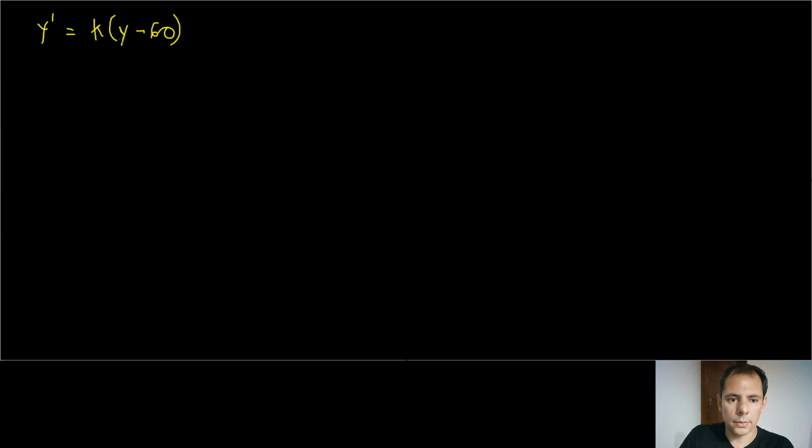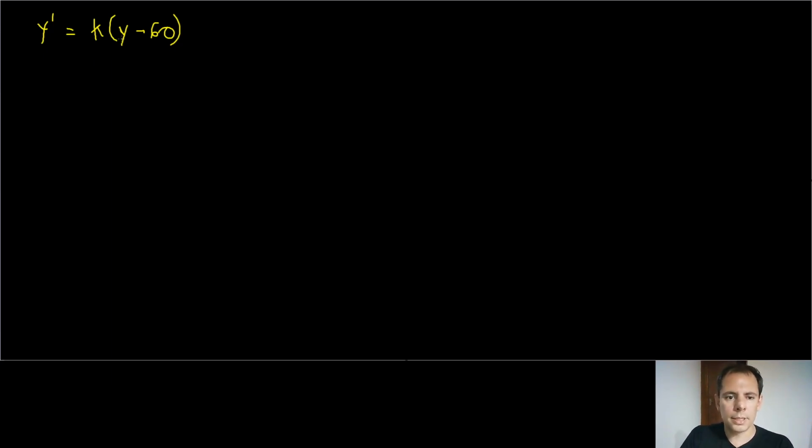If y is greater than 60, let's just say that y is 70 degrees, then this term is going to be positive. But the temperature is decreasing. So if this term is positive, the k has to be negative. And if the k is negative, the whole thing is going to decrease.